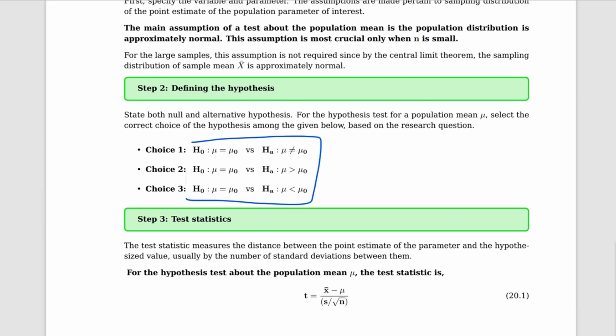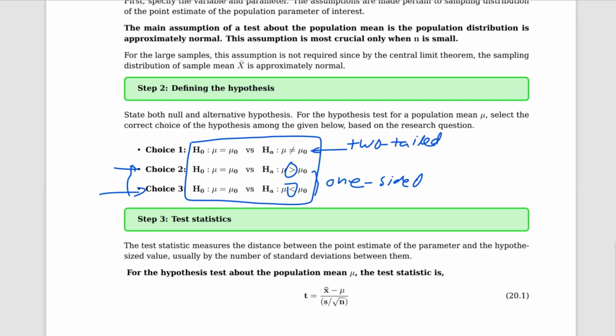Choice 1 is the two-tailed or two-sided test, and the other two are one-sided. This one is right tail, because of this inequality, and this one is left tail.